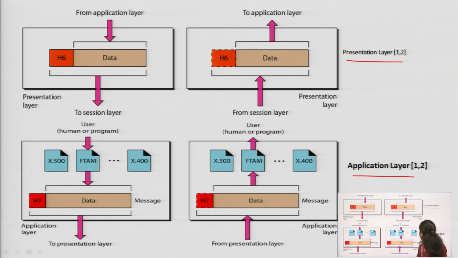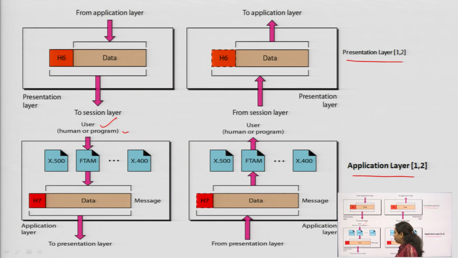The last one is the application layer. In the application layer, the data is generated by the user, human or program. This is the device A part, which generates the original data. It can be any kind of application, like X.400, FTAM, X.500.